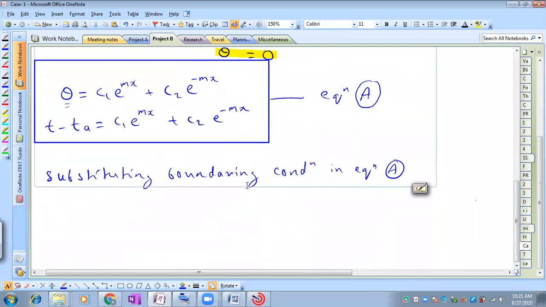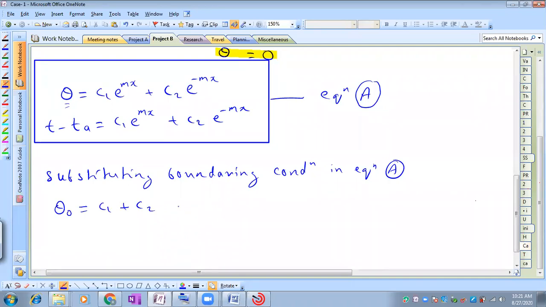If I put this in the above equation, at x is equal to 0, theta is equal to theta 0. So if x is equal to 0, e raised to 0 is 1. So it will be C1 plus C2. This we got from the first boundary condition.